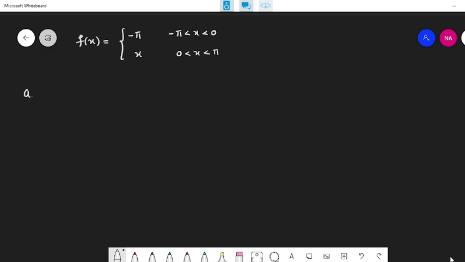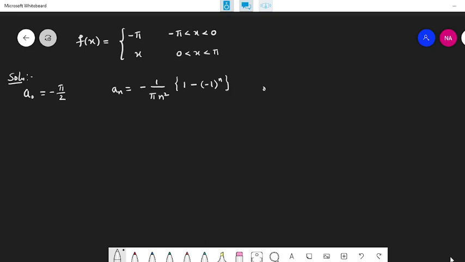So I'll just write a naught. We have determined a naught equal to minus pi by 2, and a n equal to minus 1 by pi n square times 1 minus minus 1 power n.